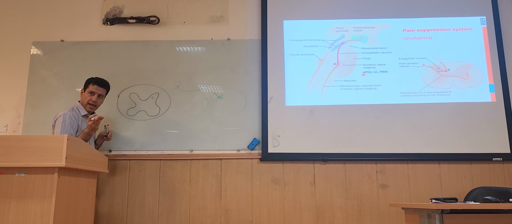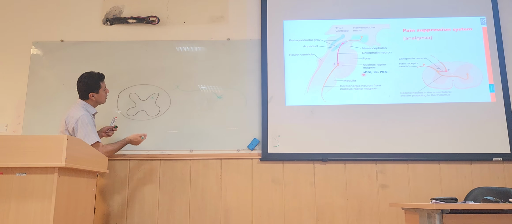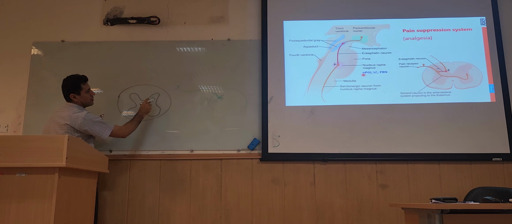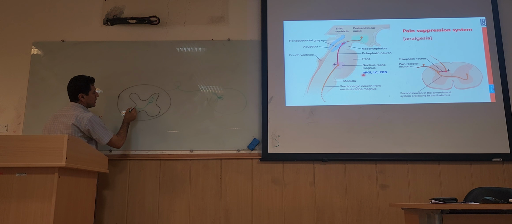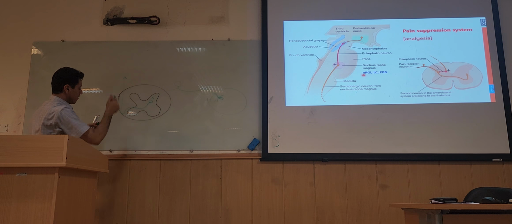Layer 1 for A delta fibers, layers 2 and 3 for C fibers. From layers 2 and 3 they go to layer 5. So imagine this is the second order neuron that is activated. They cross the midline, enter the spinothalamic tract, and go on. So the action potential goes from here.